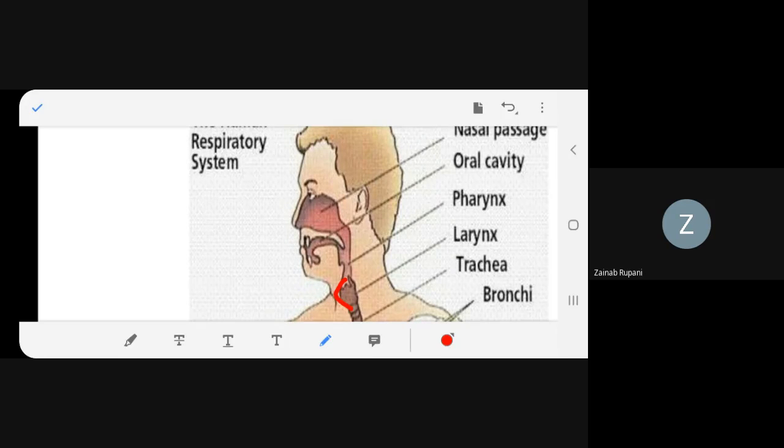What is it? Voice box. And the other name of the voice box is larynx, which is very prominent in males. When they become adult, you can see a bony structure coming out of the neck. Have you observed that? And if you have not, then observe it today. That's the reason that the voice of the males changes.